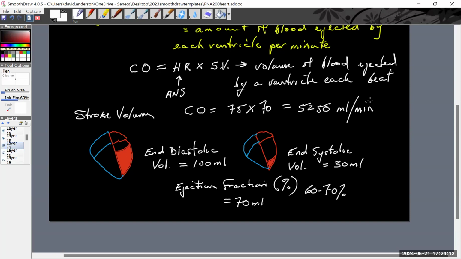That's kind of amazing when you think about it. Every minute, 5 to 6 liters of blood is pushed through the entire circulation, and repeated every minute of every day that you're alive, to varying degrees.